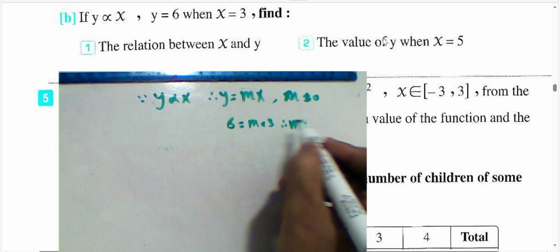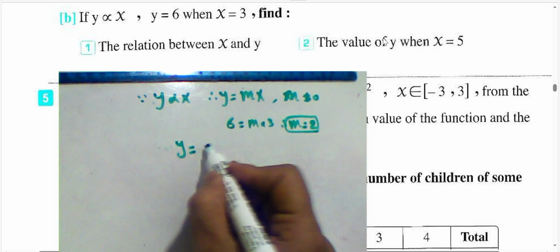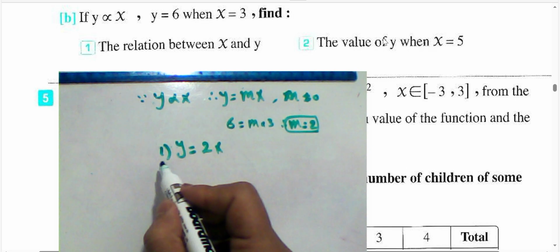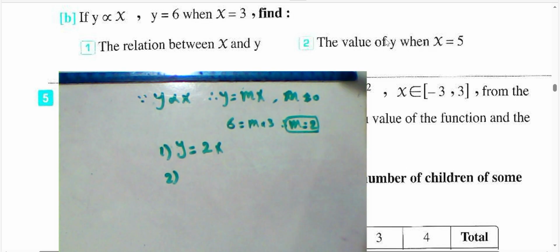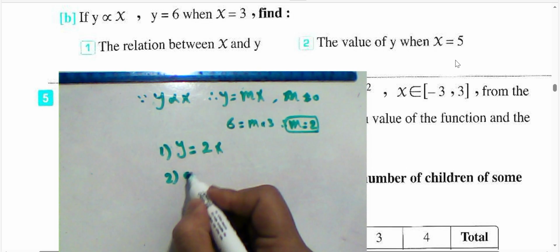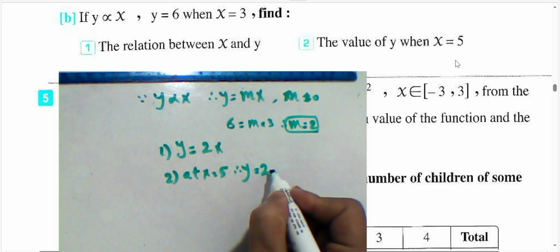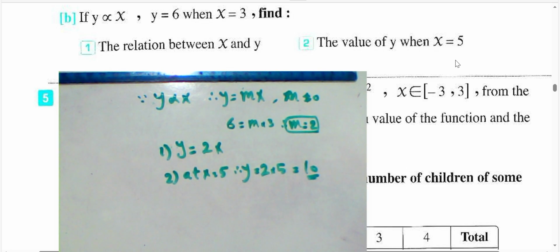The value of m here is 6 divided by 3, equal to 2. The relation is y equals 2 times x. That's number 1, the relation between y and x. Number 2, find the value of y when x equals 5. At x equals 5, y equals 2 times 5, 2 times 5 equals 10. The value of y here equals 10.